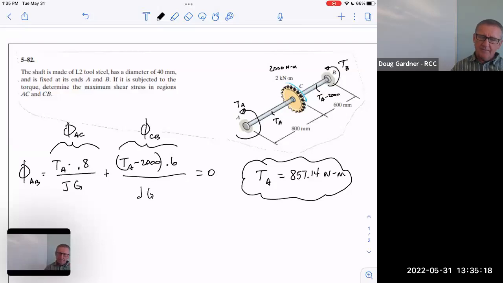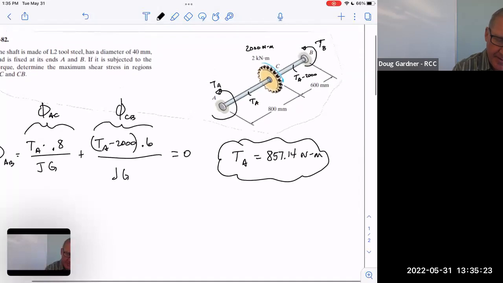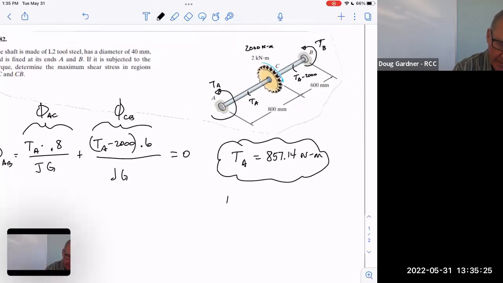How do I get torque of B? Well, this is where I do need that second equation. I have to say that, and I'll write it out more traditionally this time. Torque of A is positive minus 2000 plus torque of B has to be equal to 0, so that it actually does twist, static.